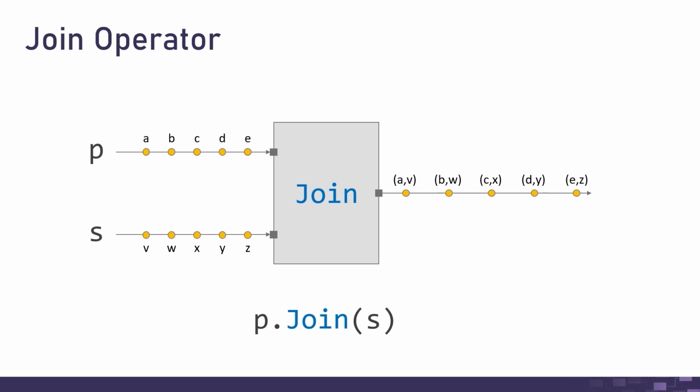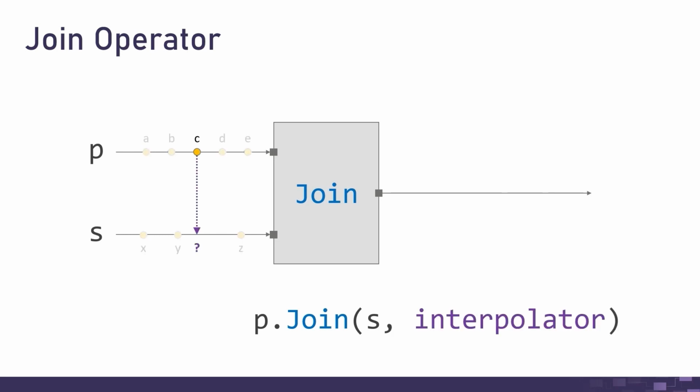In the simplest case, this pairing is done by matching messages with identical originating times to create the output message tuples. However, the incoming messages on the two streams may not always align in originating times, so the join operator can be parameterized in different ways to specify how synchronization should be accomplished.